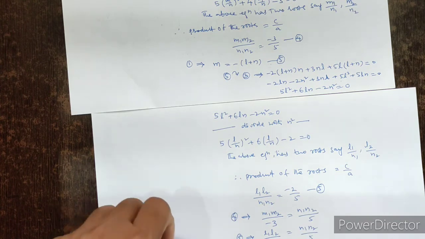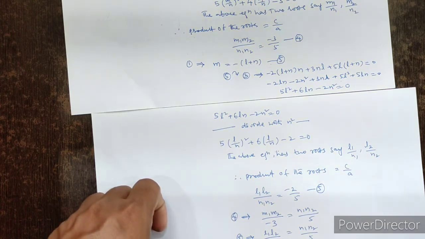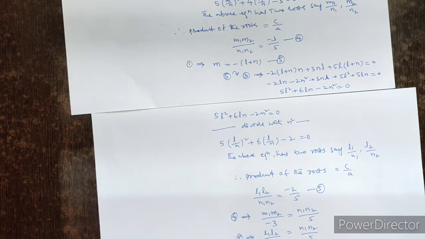So therefore L1 L2 equal to minus 2k, m1 m2 equal to minus 3k, n1 n2 equal to 5k.